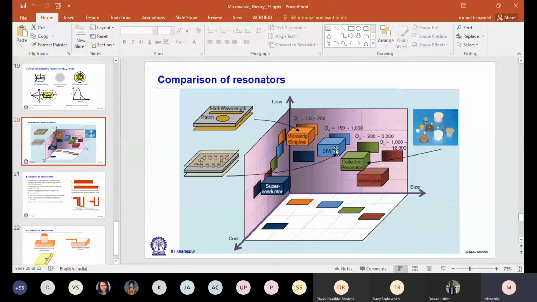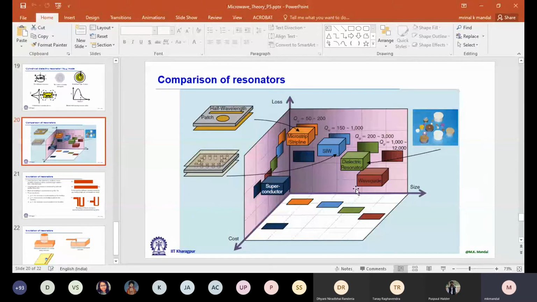For all these bands, ceramic filters, as I said, dielectric resonators, are becoming a very important part, particularly for 5G. We are widely using them inside base stations and handheld devices, that means phones.